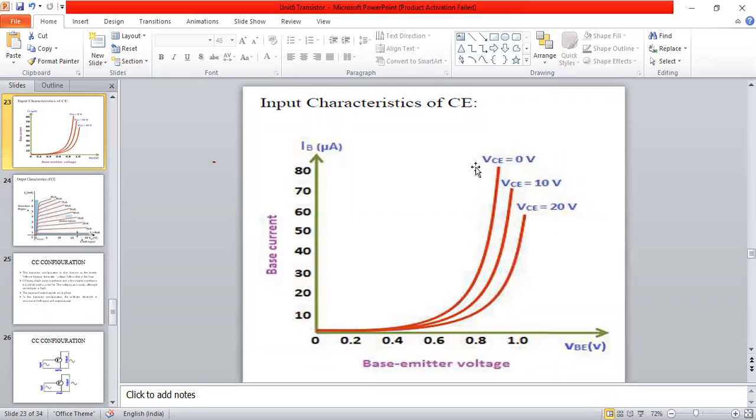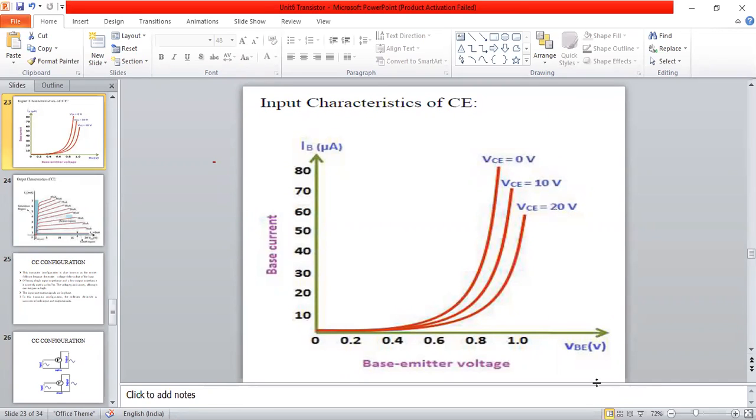So according to this one, we can check the old one, which is the common base. Is there any difference here? Can you tell me? Is there any difference? No, sir. No difference at all. But small values can change here now. Instead of 0.8 volts, 10 volts like that.